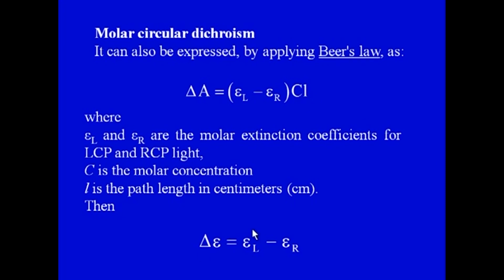So, here if you say the delta epsilon can be taken, which is the difference in the molar extinction coefficient, as we were discussing about molar extinction coefficient, if you could recall. Here the difference between the two will be taken, that is left and right circularly polarized light.